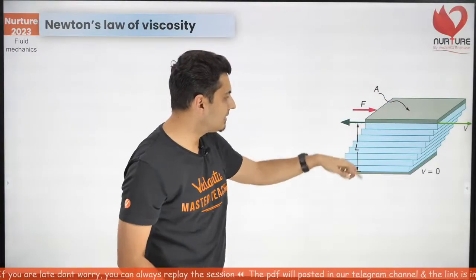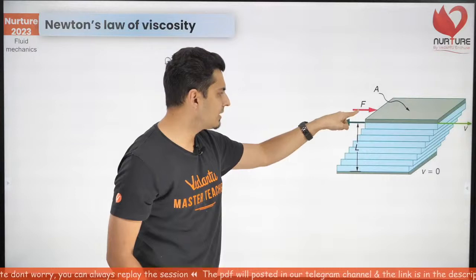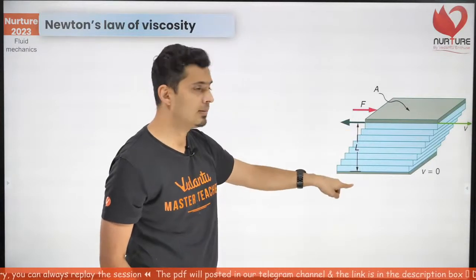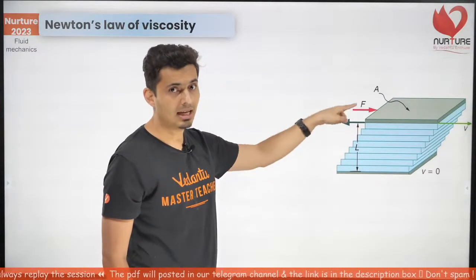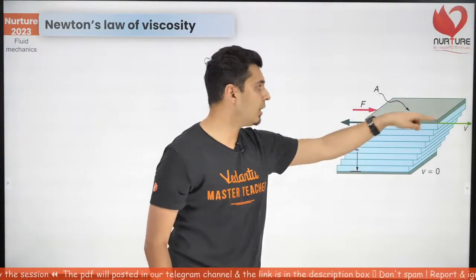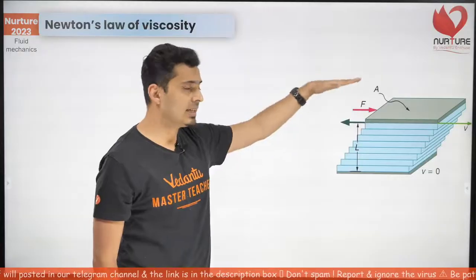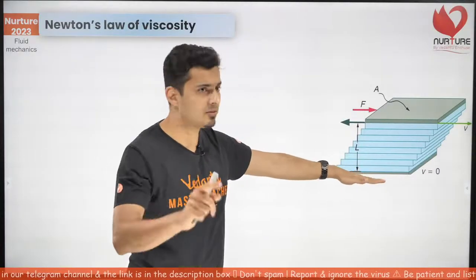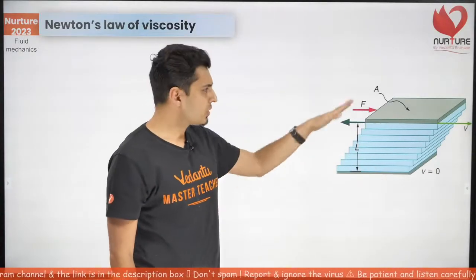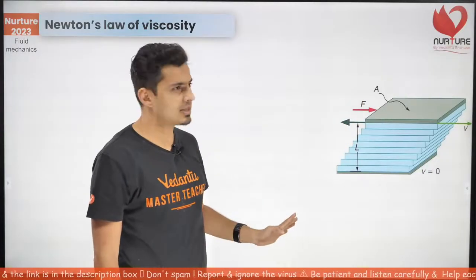So imagine these are the layers. The separation between the first and the last layer is L. The area of each layer which is sliding is A. There is also a velocity gradient. The bottommost layer is 0, topmost layer is V. So I can quickly find the velocity gradient as well.